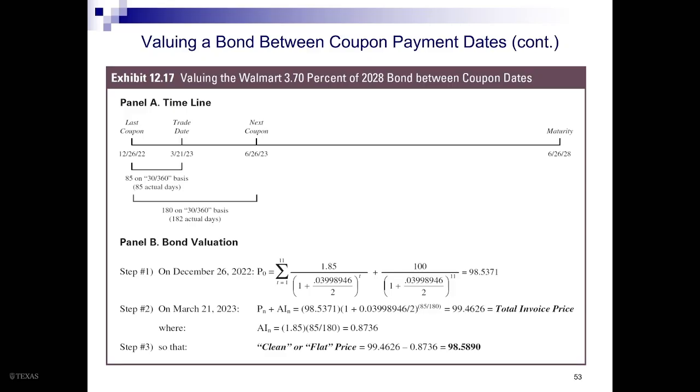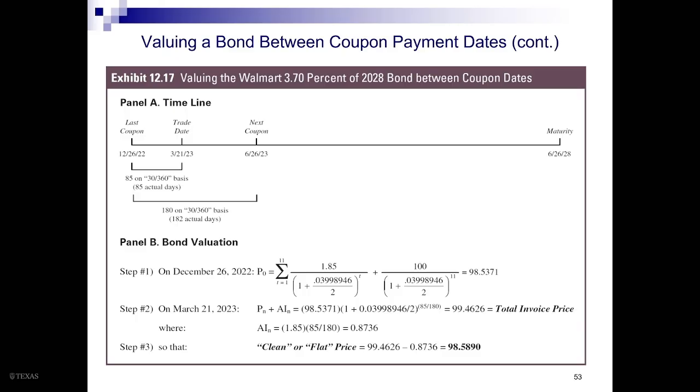There's absolutely no sane reason why that convention continues, but it does. That's not the way government bonds work, by the way. So on a 30-360 basis, December 26th to January 26th is one set of 30. January 26th to February 26th is another set of 30. And then we'll count the actual number of days from February 26th through March 21st.